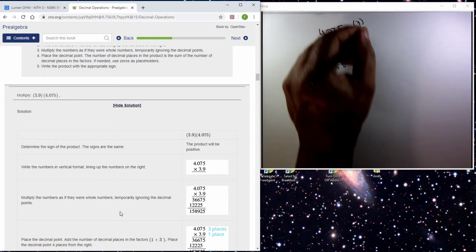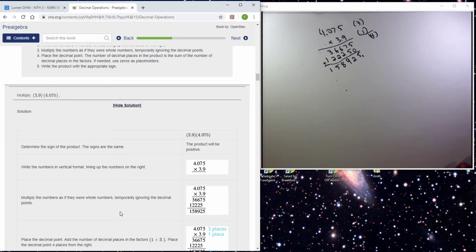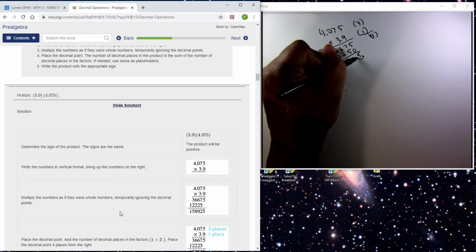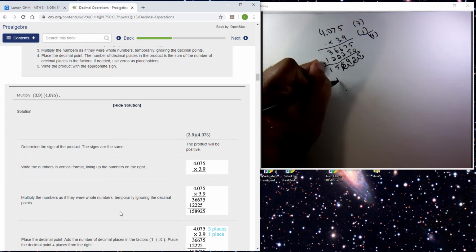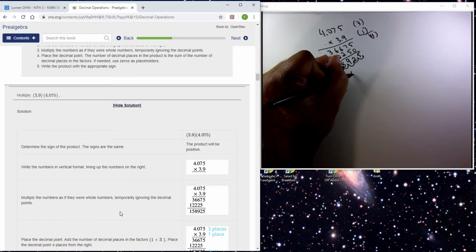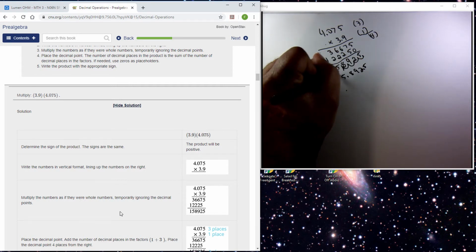So then I have to count the number of places past the decimal, which is 4. So right now my decimal point is there, and I shift it over 4 places. 1, 2, 3, 4. Decimal goes there. My final answer is going to be 15.8925. That's my final answer.